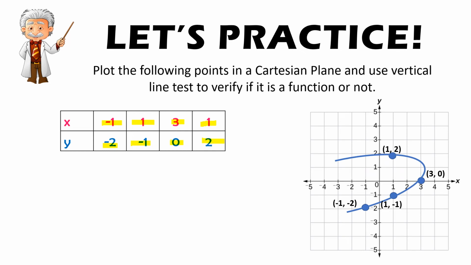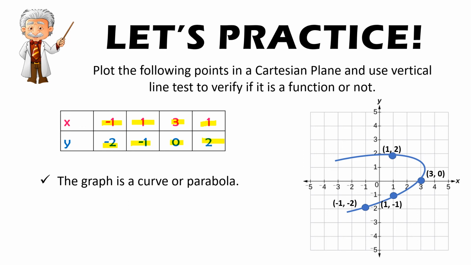So, what can you observe if we are going to connect the dots or the points? Anong masasabi natin? Anong itsura ni graph? Okay, very good. The graph is a curve or a parabola.